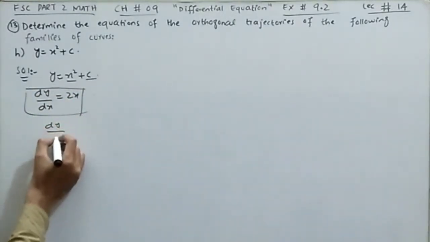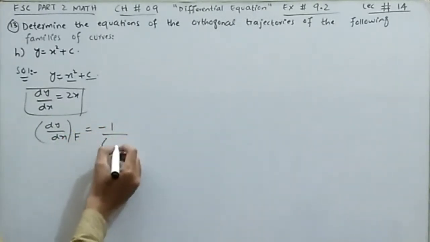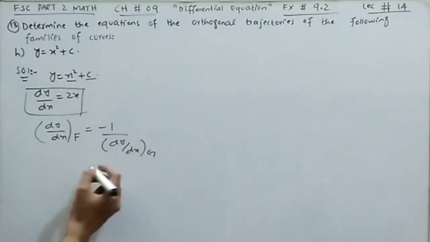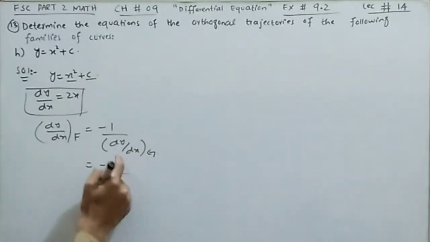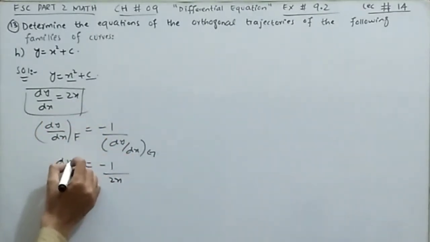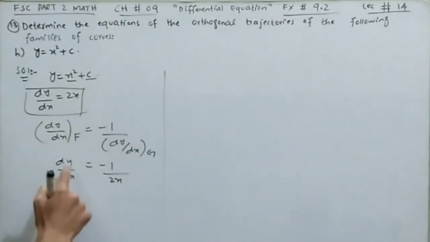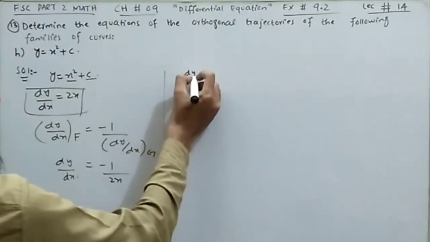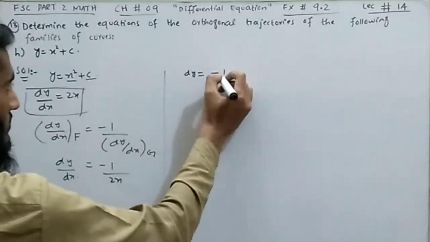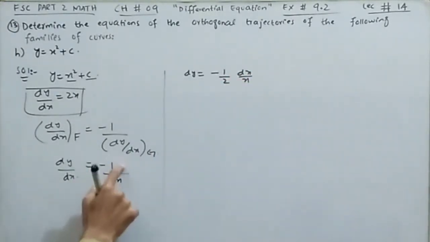Now dy by dx at another point, let's suppose f, is equal to minus 1 over dy by dx at the original point, let's suppose g. So it will be minus 1 over dy by dx at the original point, which is 2x. Furthermore, shifting dx to the right hand side, it becomes dy is equal to minus 1 over 2, dx over x.